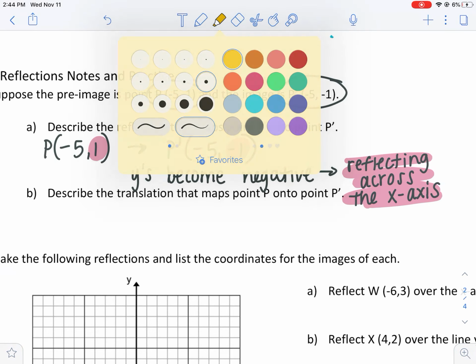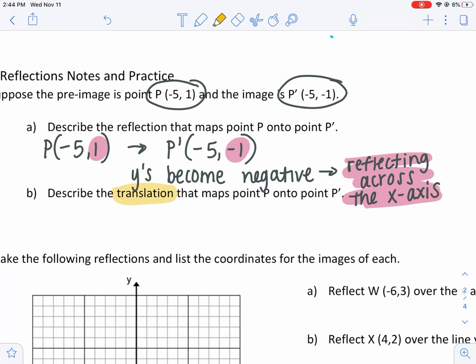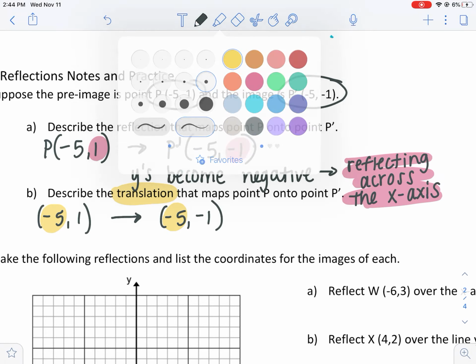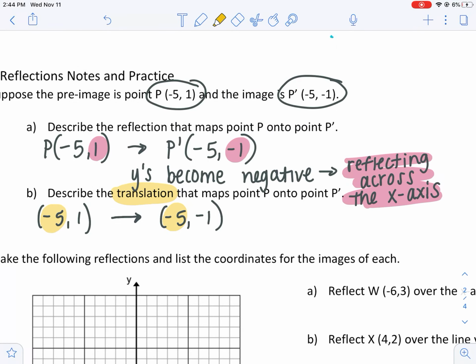Now, what's different about this next problem is it says, what's the translation that maps point P to point P prime? Well, let's look. If I am going from (-5, 1) to (-5, -1), the x's don't change, so it doesn't move to the left or right any.